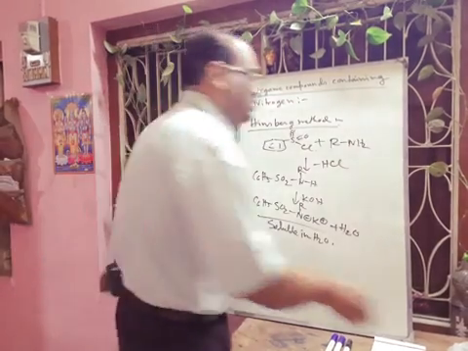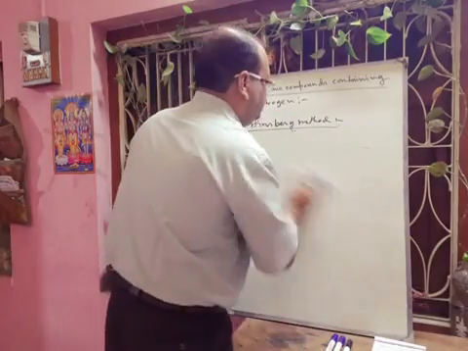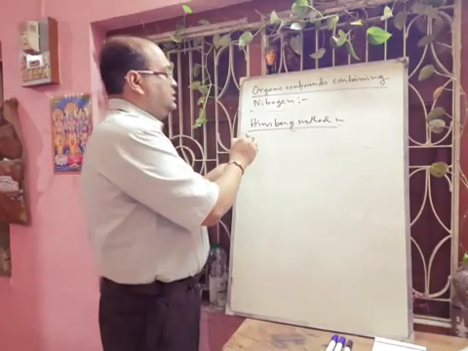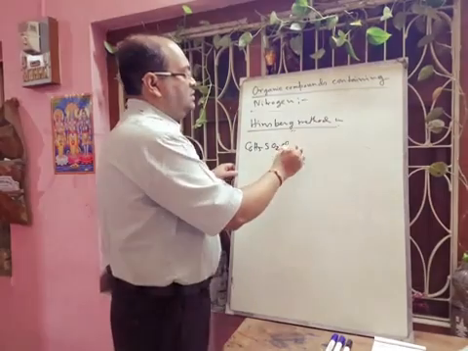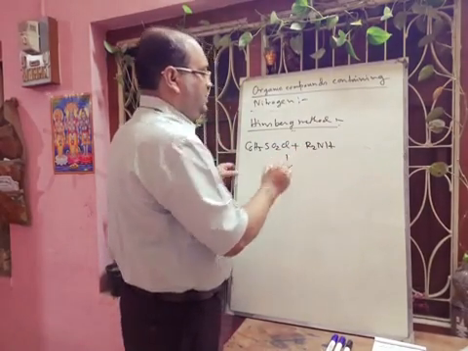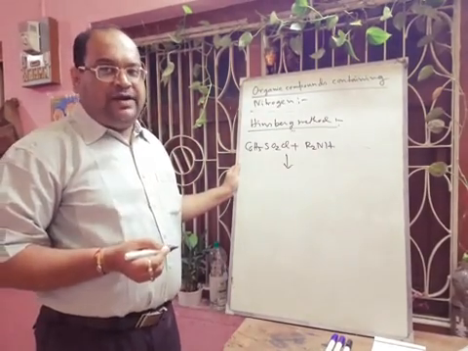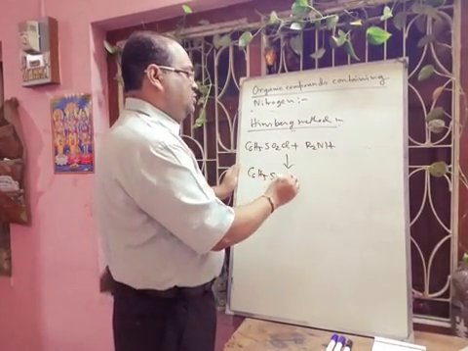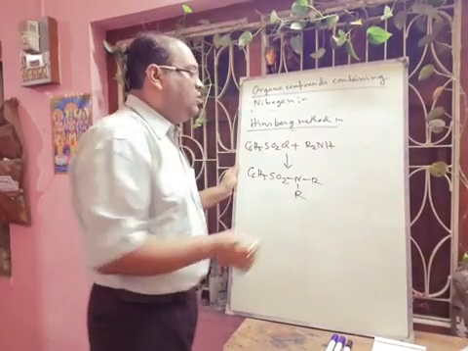So for the secondary amine, we can think that C6H5SO2Cl will react with R2NH, and there will be formation of this sulfonamide, C6H5SO2NRR.